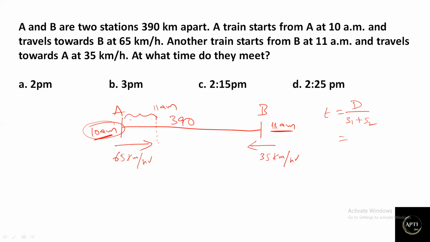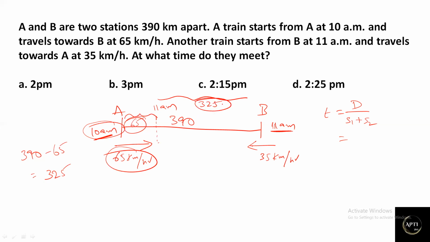So what will be the distance covered by this train in this 1 hour? 65 km per hour means 65 kilometers covered in this 1 hour. So out of 390, in 1 hour it covered 65. What will be the value here? It will be 325, correct? So from here to here, the distance is 325.